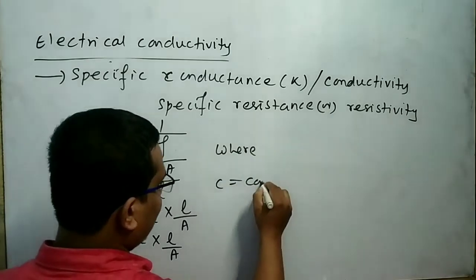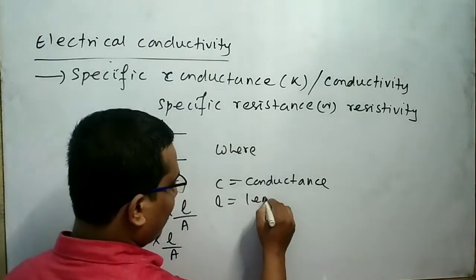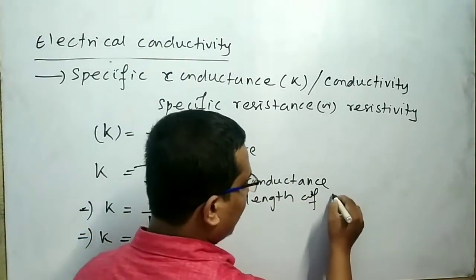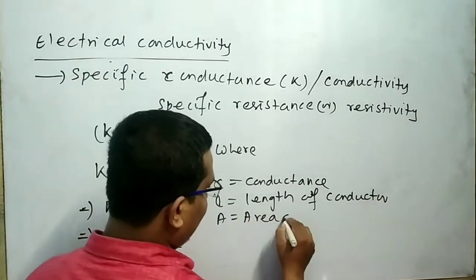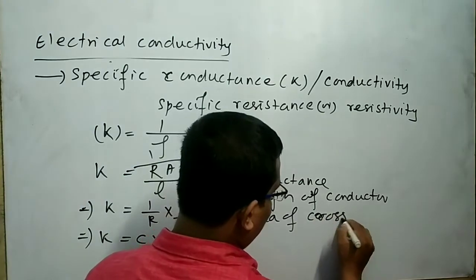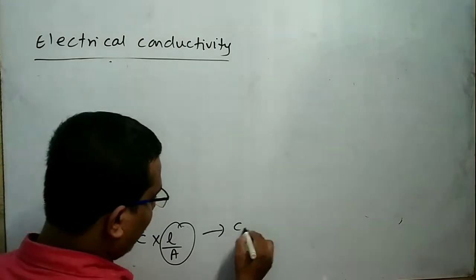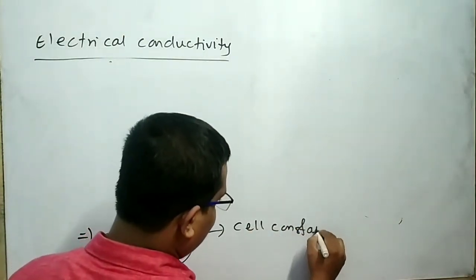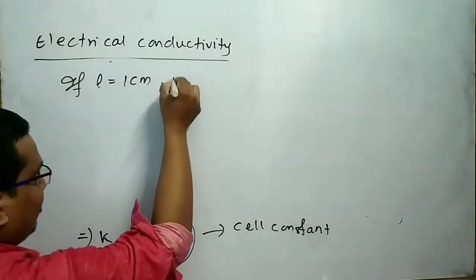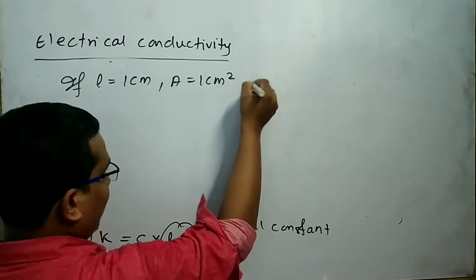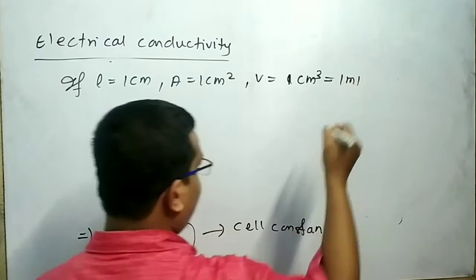Here C is the conductance, L is the length of the conductor, A is the area of cross section. Here L by A is also called cell constant. If L is equal to 1 centimeter and A is equal to 1 cm square, then V is equal to 1 cm cube, that is equal to 1 ml.